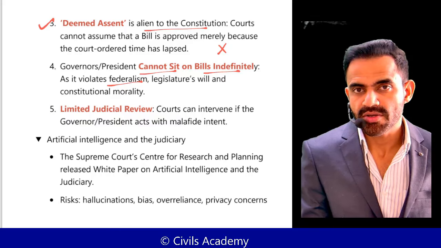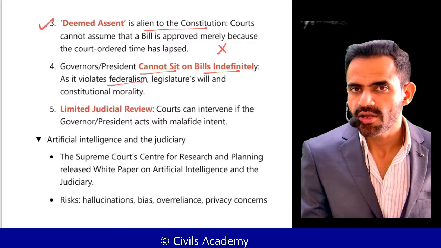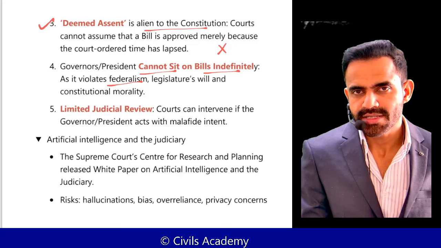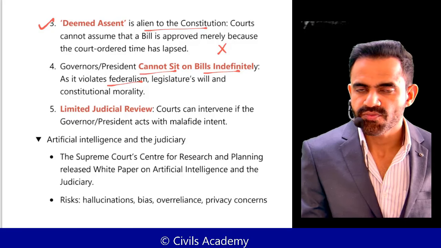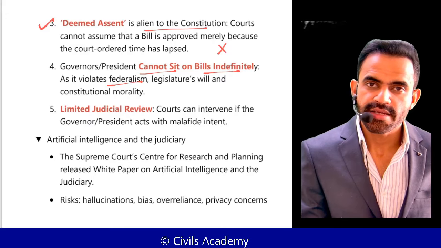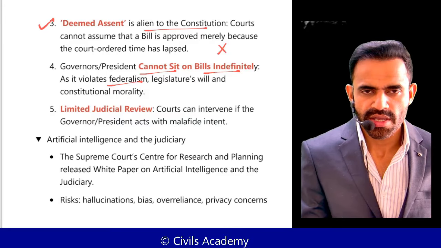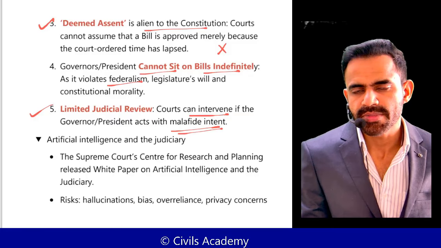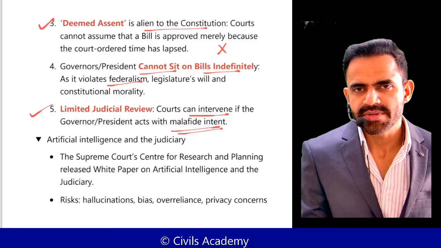Because the assembly is elected by the people before making law. Now, if the governor is not going to approve it, that's a violation of this federal structure because the governor is appointed by the central government. So in this case, it is criticized that the governor is acting as an agent of the center. Okay, and the rest is the court can intervene if the intention of the governor or the president is mala fide. Mala fide basically means bad intention is there.